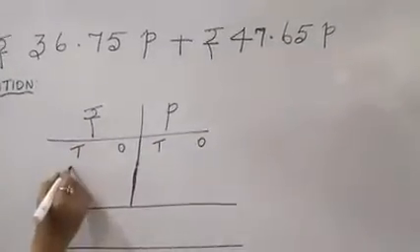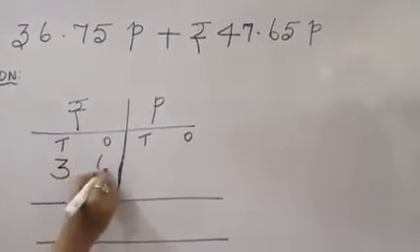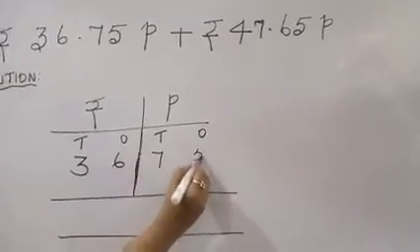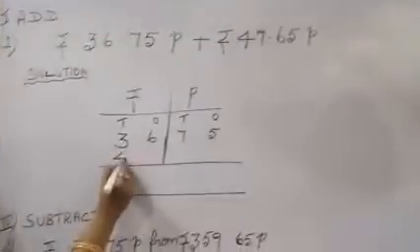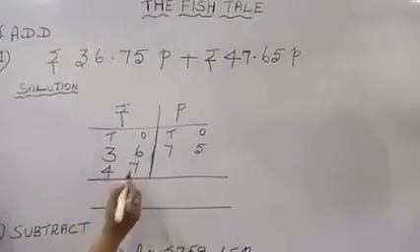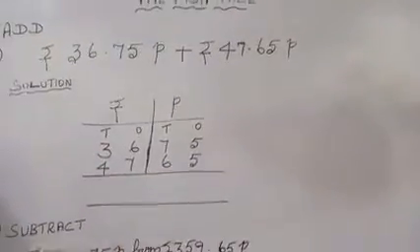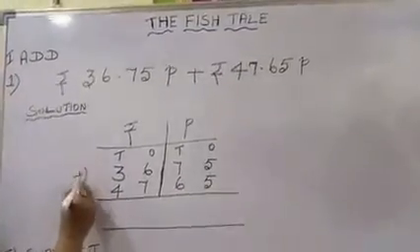First you have 36 rupees and 75 paise. Then 47 rupees and 65 paise. We need to add.